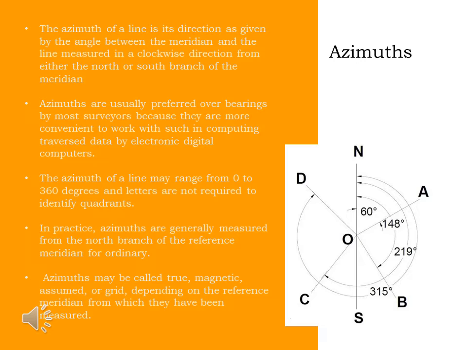The azimuth of a line may range from 0 to 360 degrees, and letters are not required to identify quadrants. In practice, azimuths are generally measured from the north branch of the reference meridian. Azimuth may be called true, magnetic, assumed, or grid depending on the reference meridian from which they have been measured.